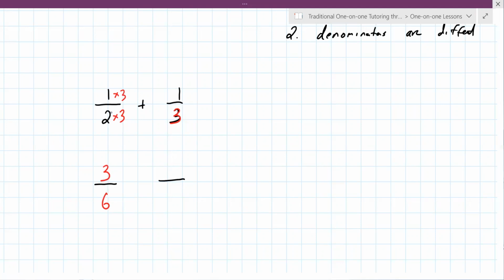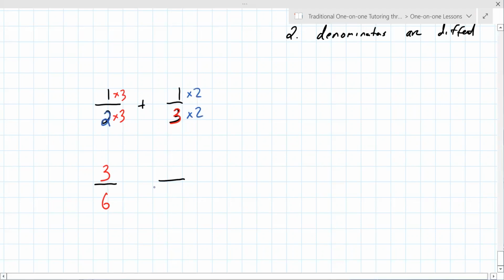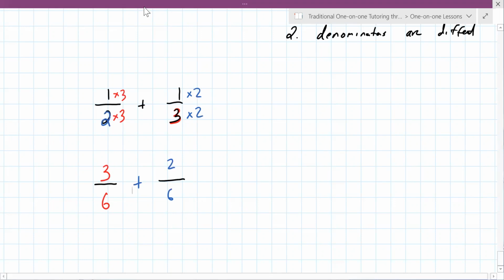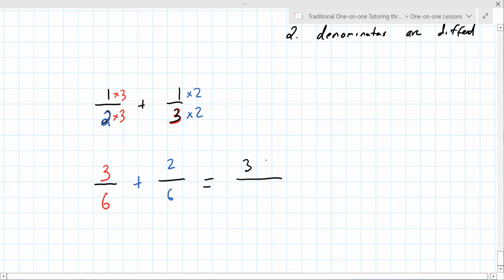You take the 2 on the left and multiply the top and bottom by 2. Do you see that the bottoms are the same? When the bottoms are the same, you add the tops. 3 plus 2, keep the bottom, 5/6. Okay.